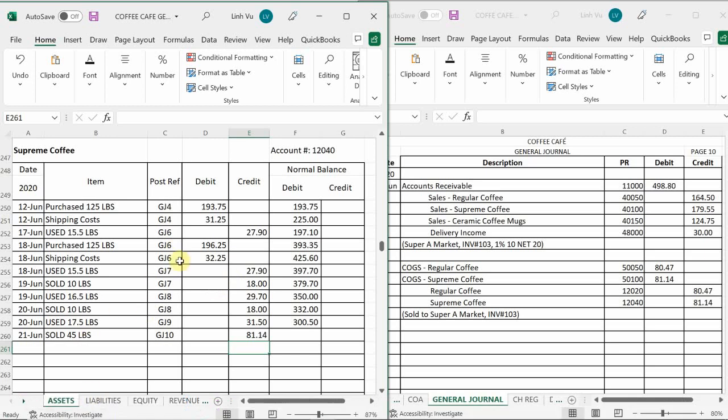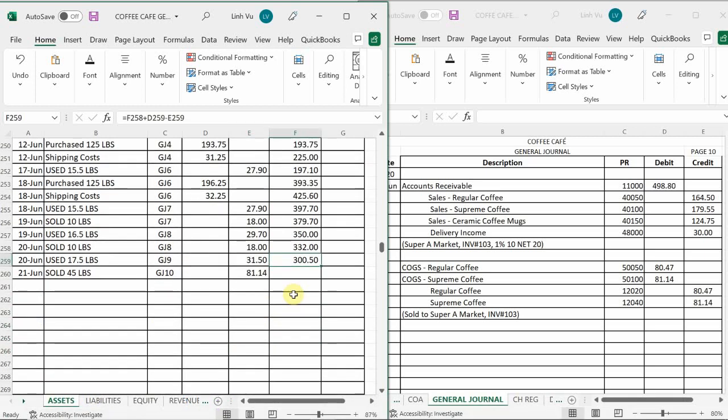So how much should be my ending balance? So 300.50 minus 81.50 is 219.36. Good. Okay, which matches our inventory worksheet.